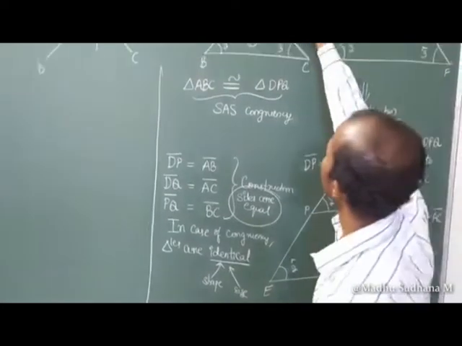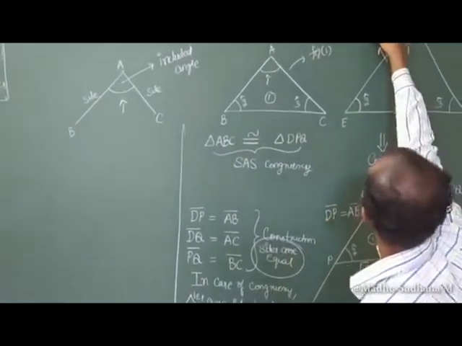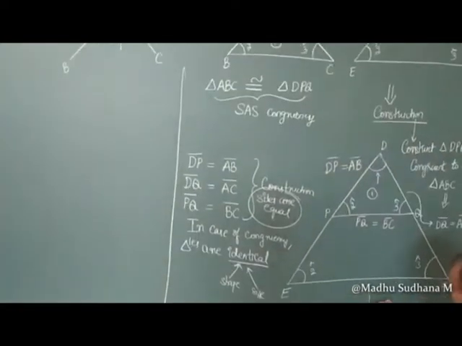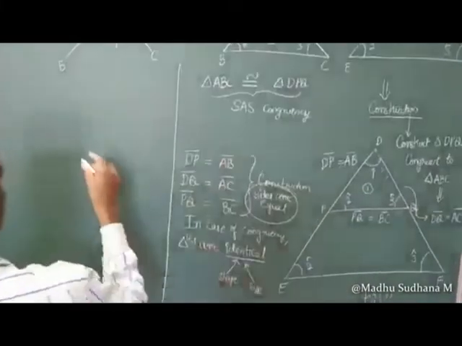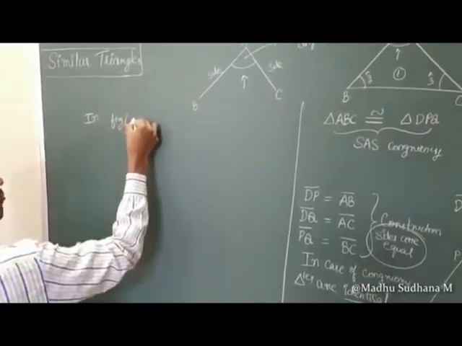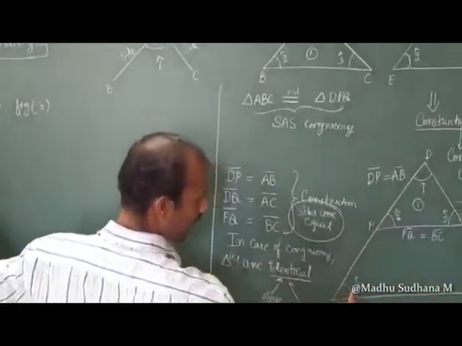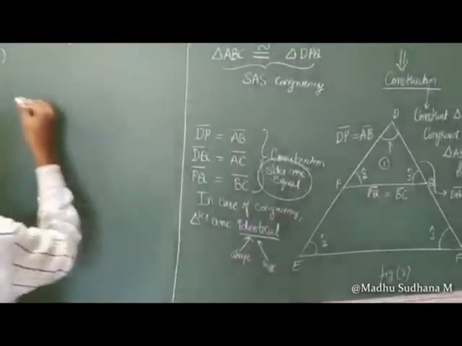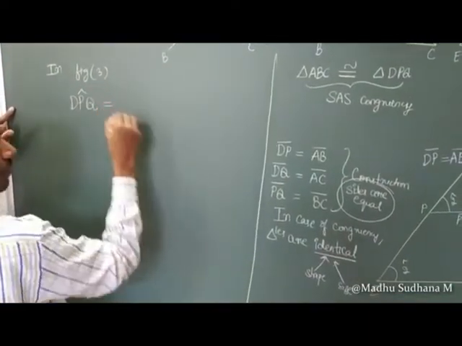So let me call this figure 1 here. Let me call this figure 2 here. Let me call this figure 3. So now in figure 3, please observe, you have this angle 2 and angle 2 same, right? So can I write angle DPQ is the same as what?